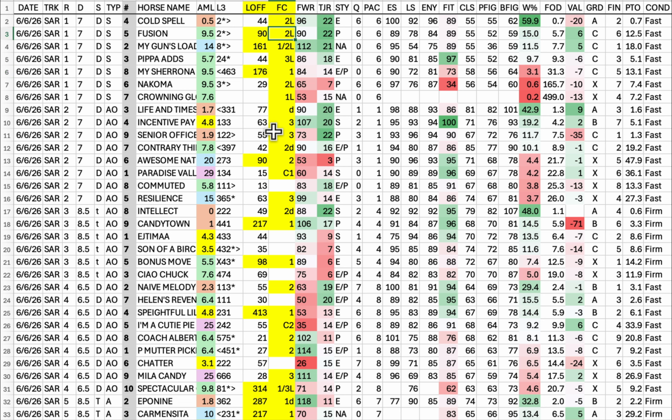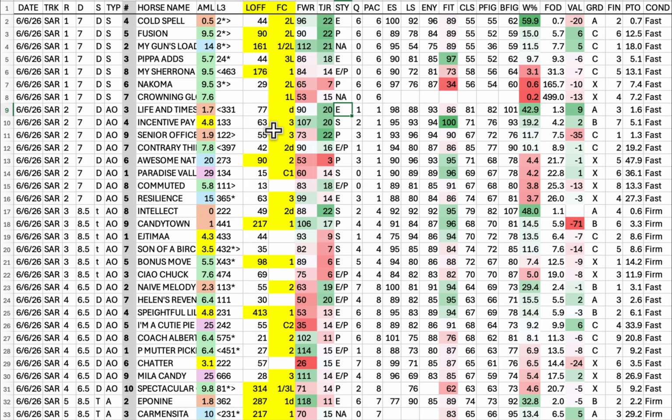The things that are in here are first, second, or third off a layoff. That's just a 1, 2, or 3. And then first, second, or third lifetime, that's a 1L, 2L, or 3L. And then you've got D for dropping in class. That's already factored into the PFIG column, which we'll talk about in the class column.